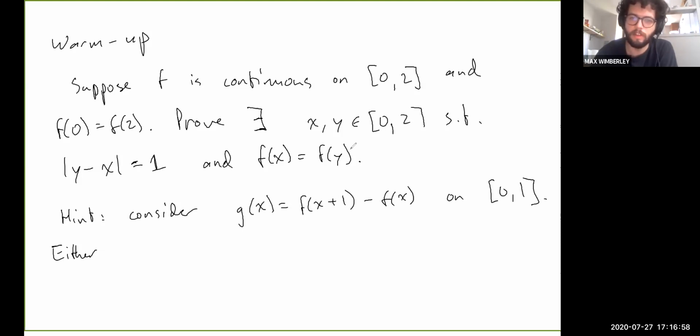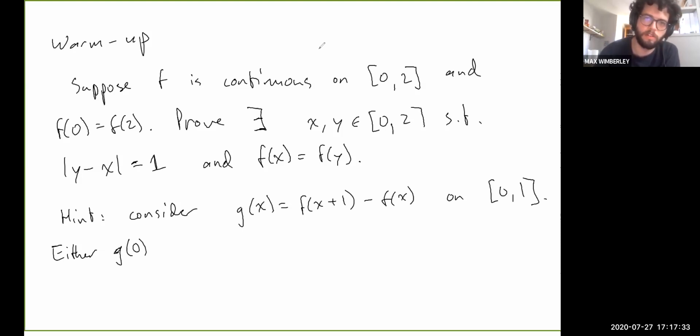And if G is 0, then x and x plus 1 are the points x and y that you're looking for. The only weird situation is if G happens to be 0 at either one of them, sorry. But if G is 0 at either one of them, then you automatically get the x values that you want, right?